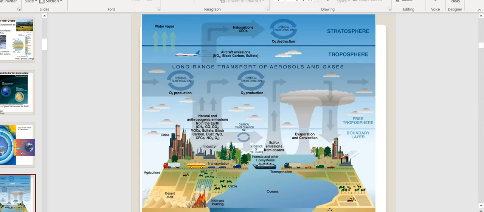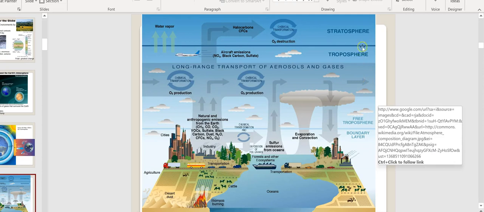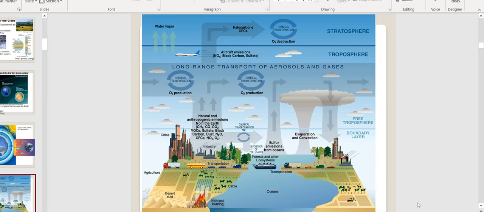Here's another image that will illuminate what happens within the troposphere and what happens within the stratosphere. You will also notice that this line here that we're looking at is called the tropopause. So what happens in the troposphere? Well, you and I and everything really that pertains to our life is here.